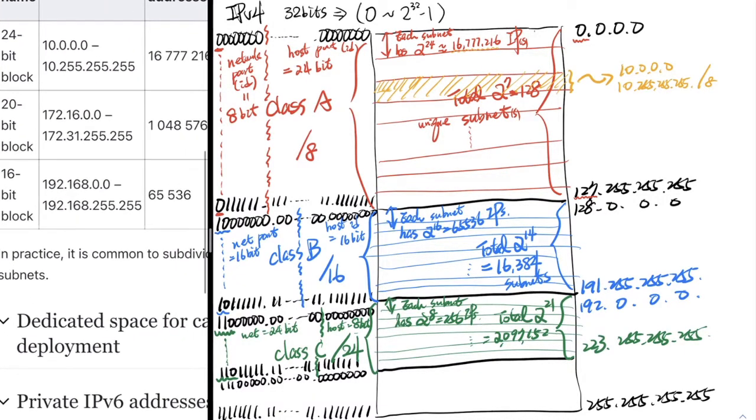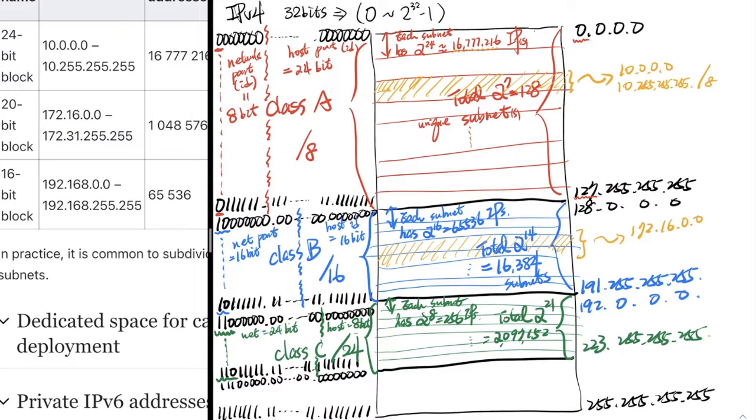The second part starts with 172, somewhere right here. It's the second row.